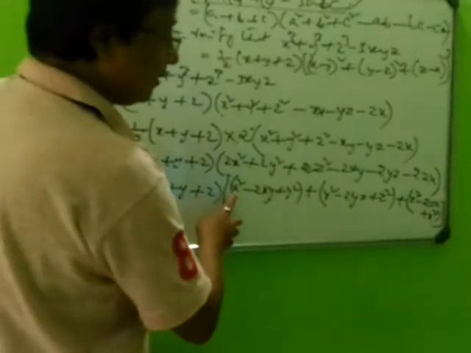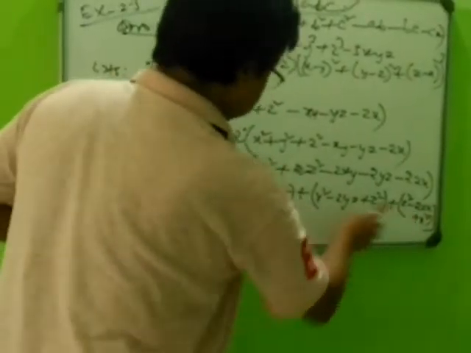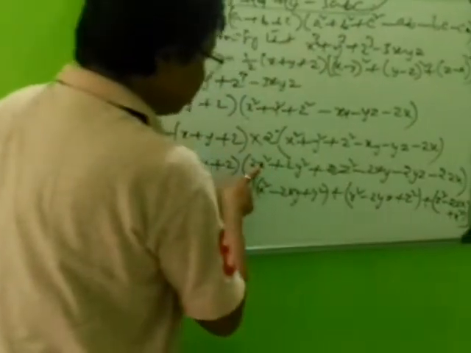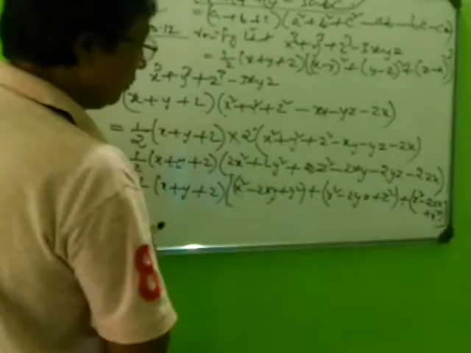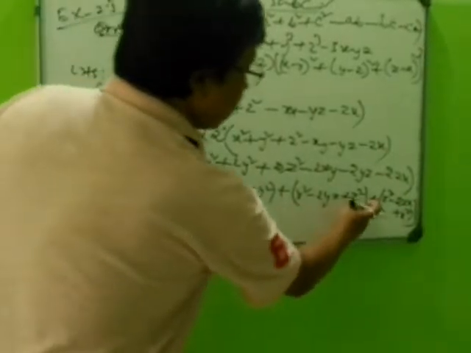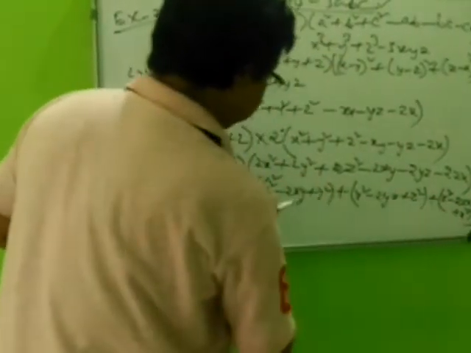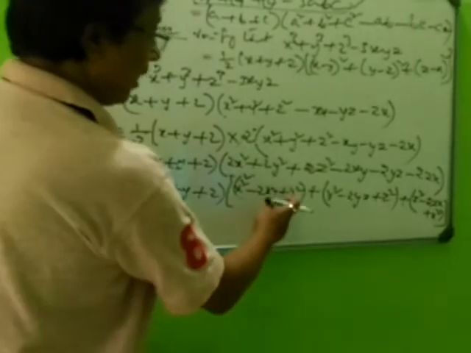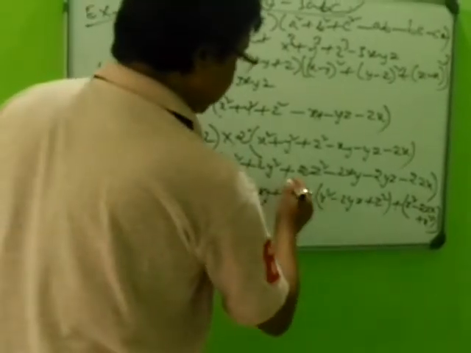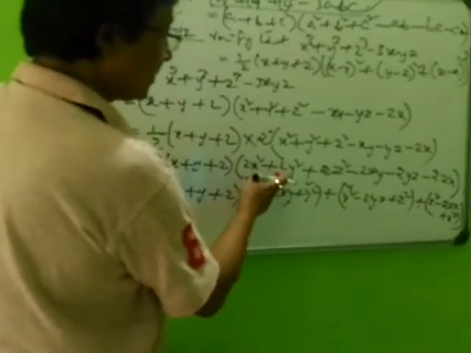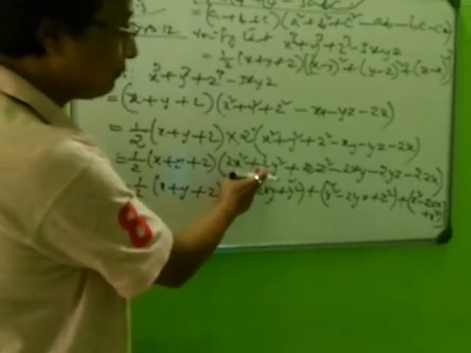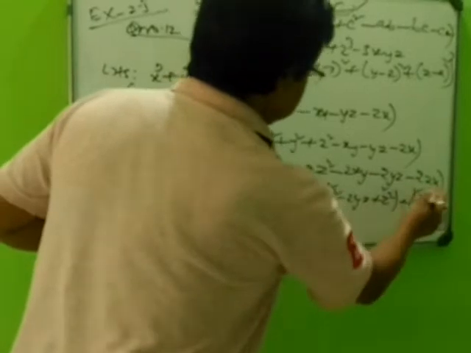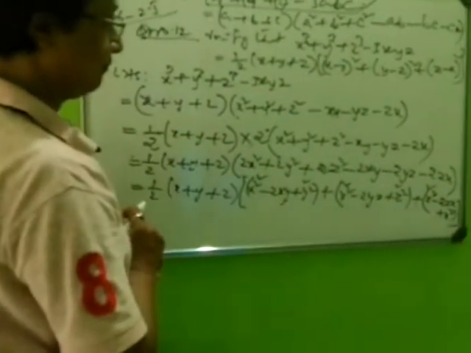Now x square plus x square, you will get twice x square. y square plus y square, you will get twice y square. z square plus z square, you will get twice z square.